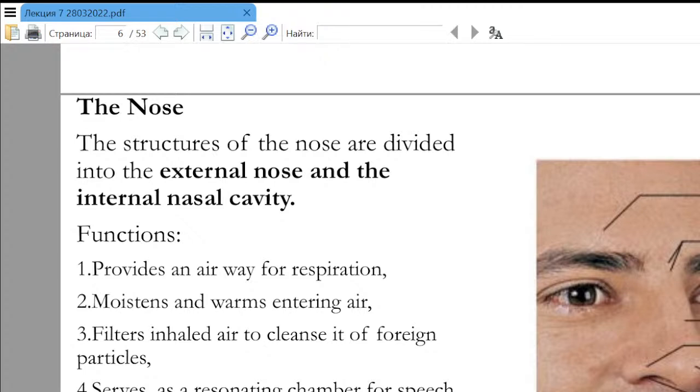Functions: it provides an airway for respiration, moistens and warms entering air, filters inhaled air to cleanse it of foreign particles, serves as a resonating chamber for speech, and houses the olfactory or smell receptors.